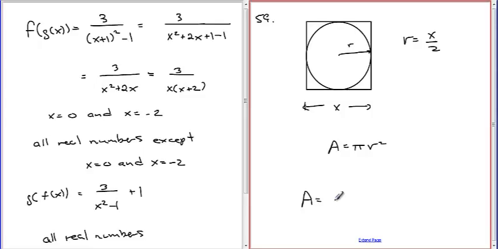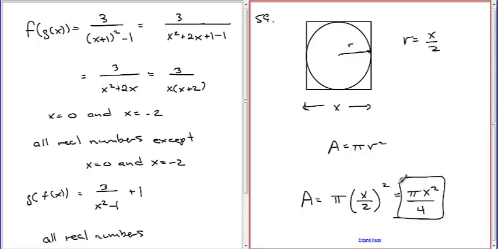So I'd have pi, instead of r, I'd put in x over 2, and then I'd square it. And so I would get pi x squared over 4. So that's what the area of the circle is given the dimensions of the base.